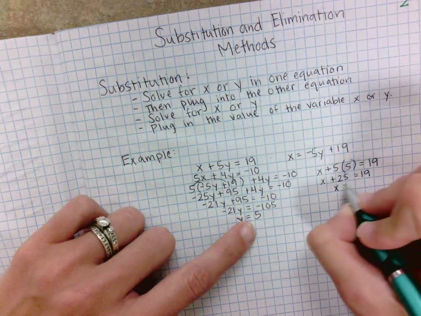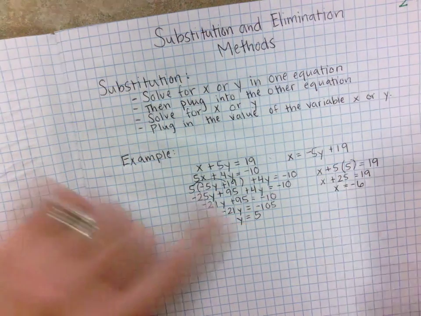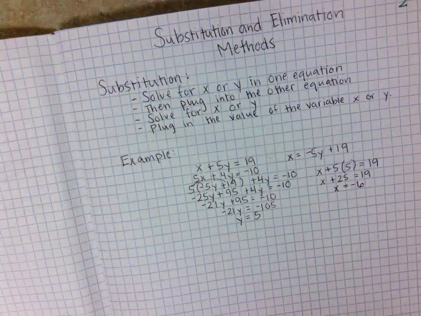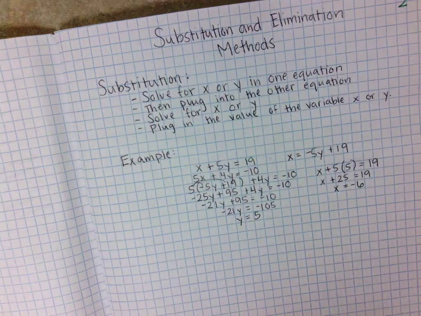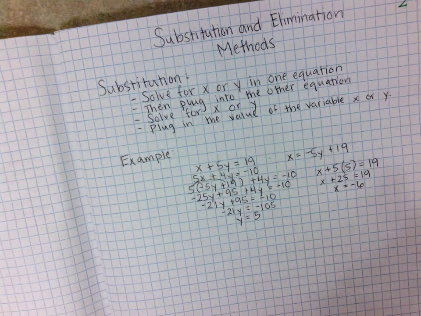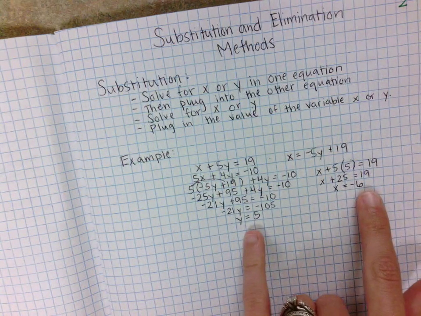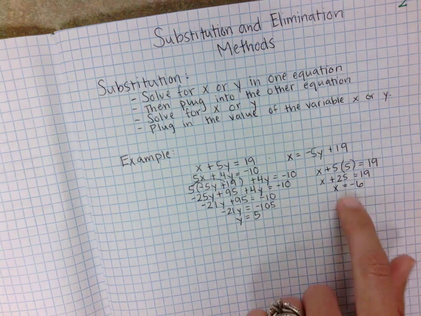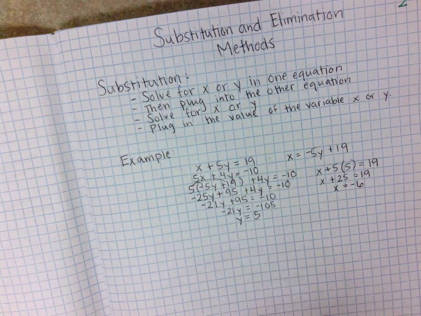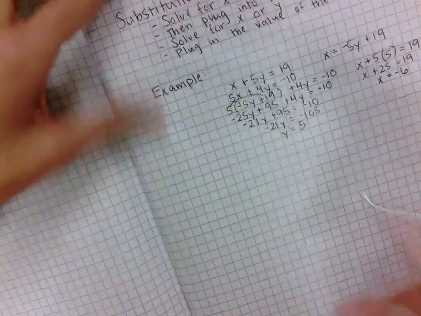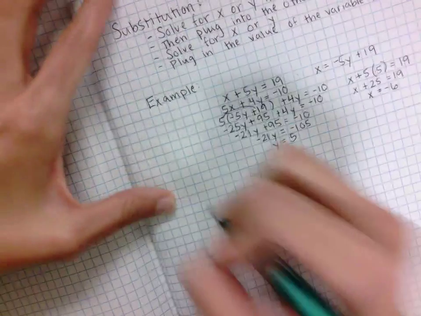So x equals negative 6. In a system of two equations, you're going to have either no solutions, one solution, or infinite solutions. We talked about that yesterday. In this case, we do have one solution, and our ordered pair is negative 6, 5.